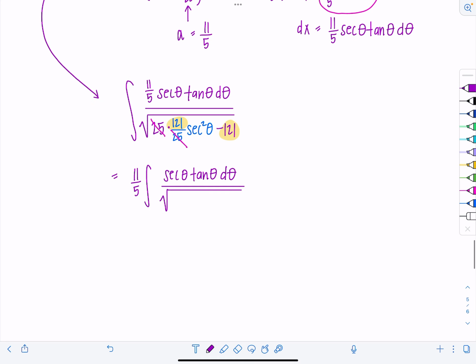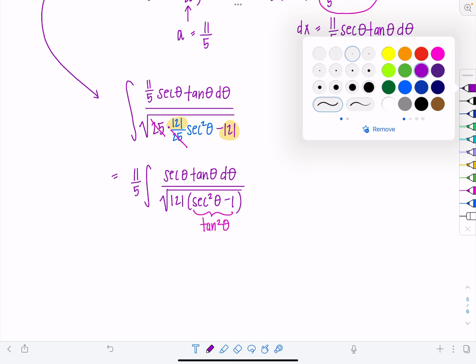So let's get this ball rolling. We've got 121 times secant squared theta minus 1. Love it, love it. Now let's see here. Secant squared theta minus 1, that's equal to tangent squared theta. Okay, cool. So now what do we have?